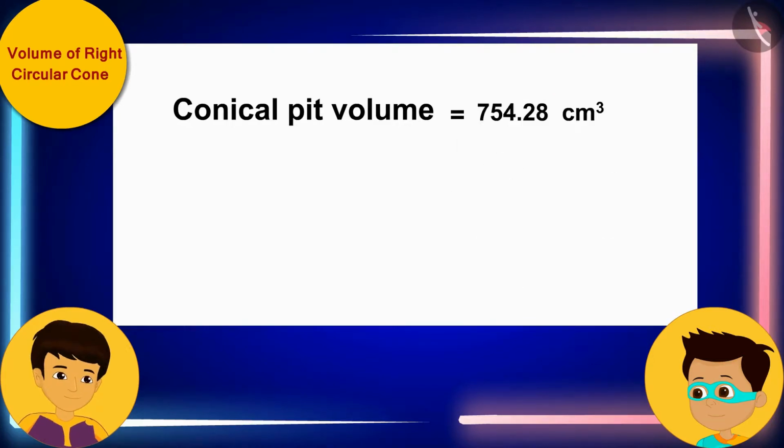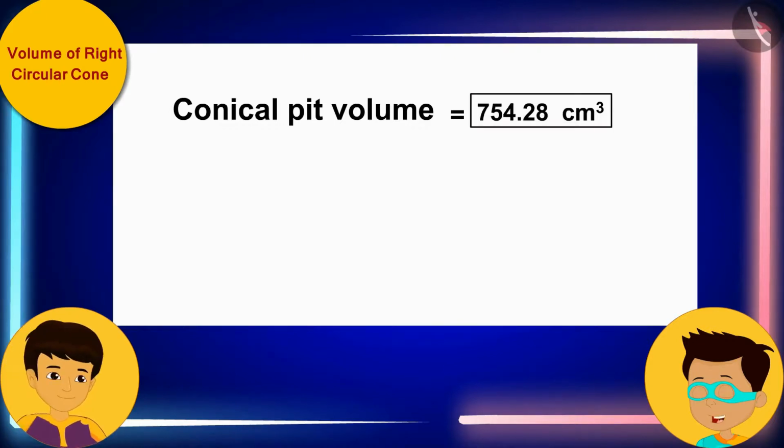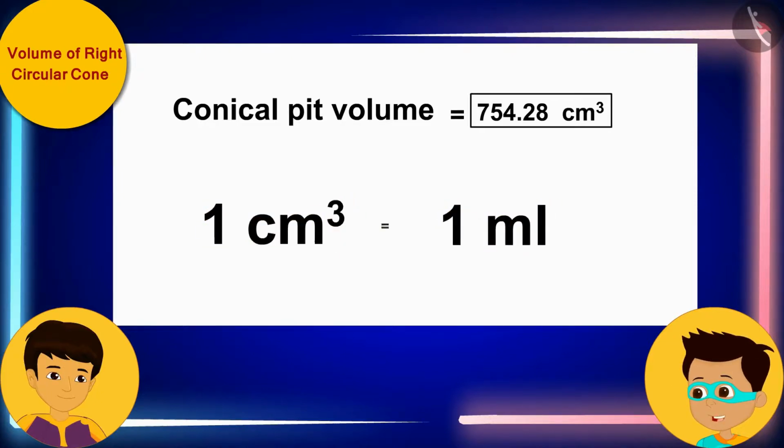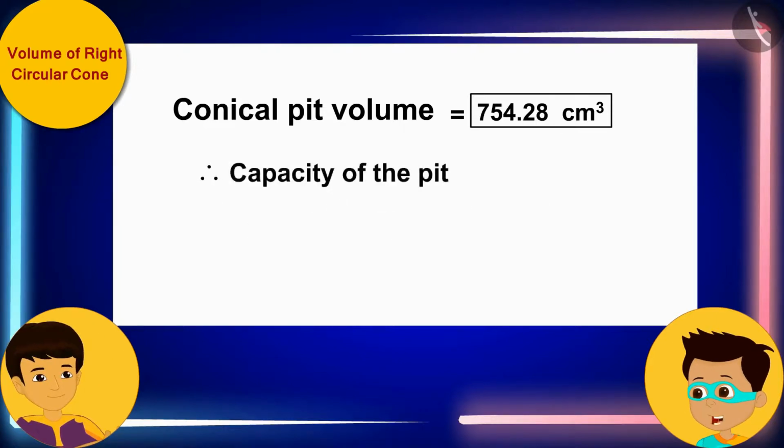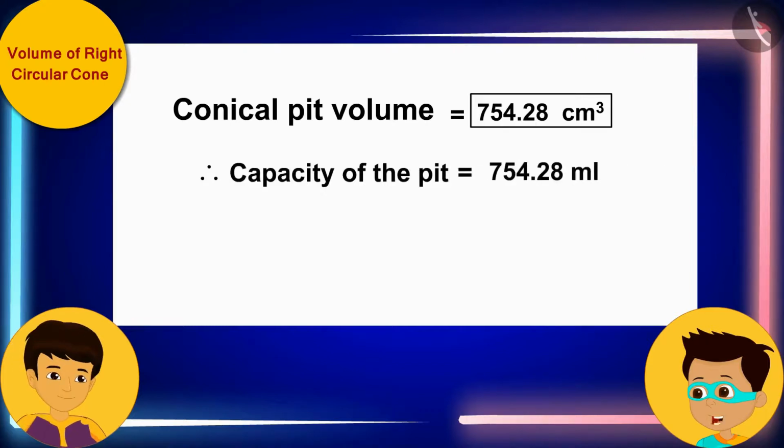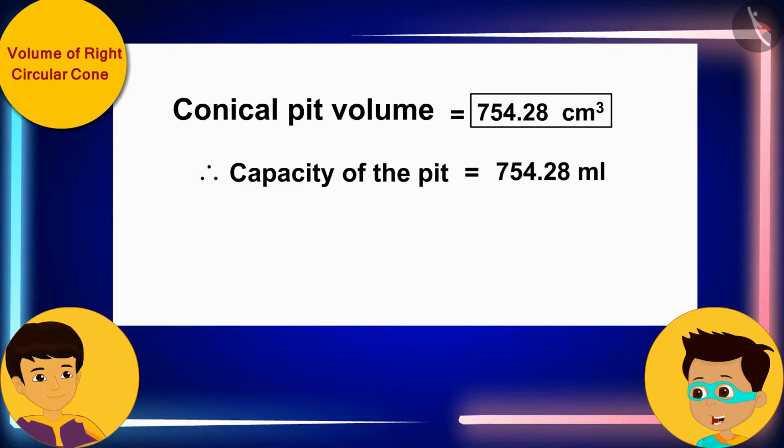Look Manas, the internal volume of the pit is 754.28 cubic centimeters. And we know that 1 centimeter cube is equal to 1 milliliter. Therefore, we can say that the capacity of the pit is 754.28 milliliters.